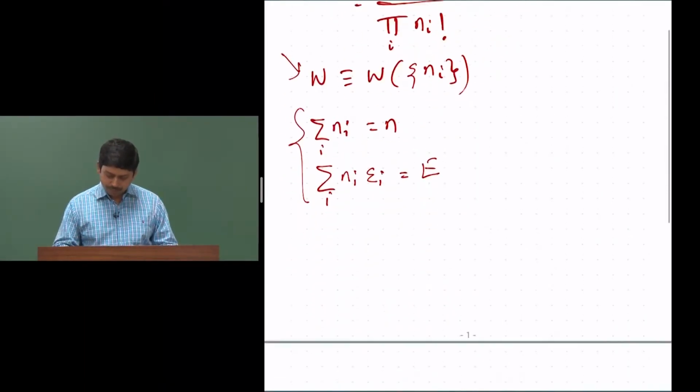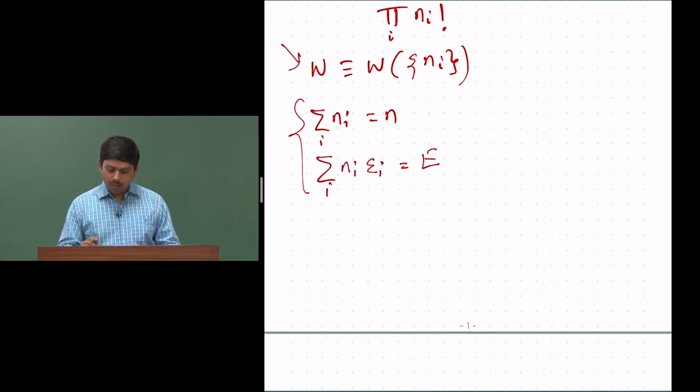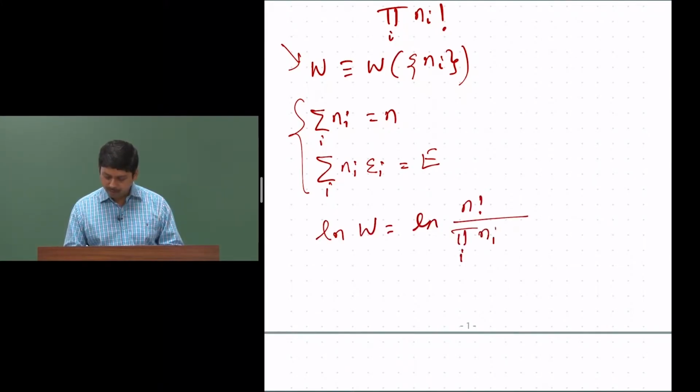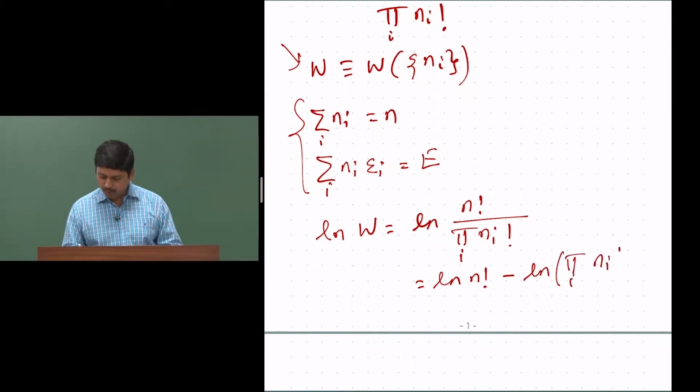So, now let us see how we can maximize the W. In order to do that, it is much easier to work with ln W than W, and we know ln W will be ln of n factorial by the product of ni factorial, which is ln n factorial minus ln of the product of ni factorial.